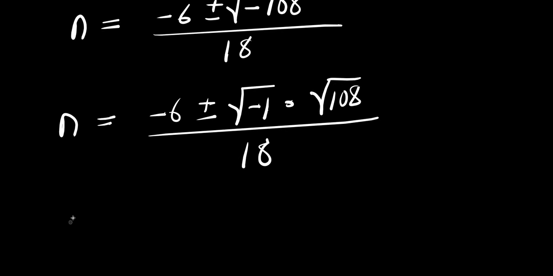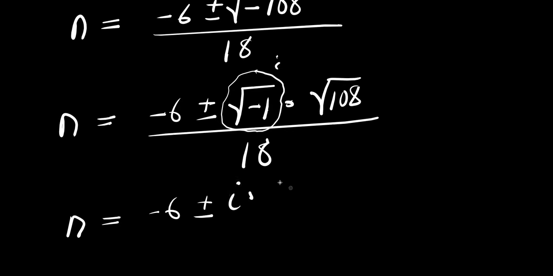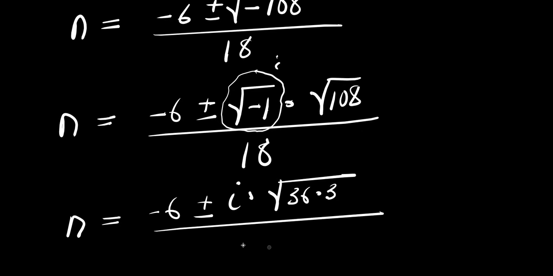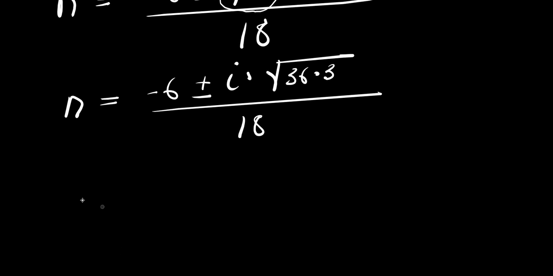So right now we have n equals negative 6 plus or minus square root of negative 1, here is i, that is iota, times square root of 108, which is 36 times 3, divided by 18.